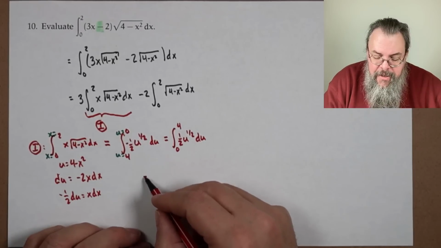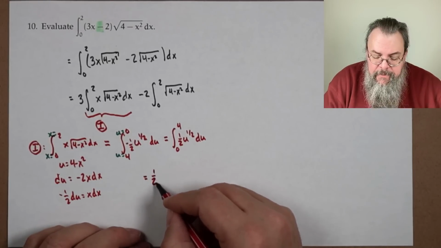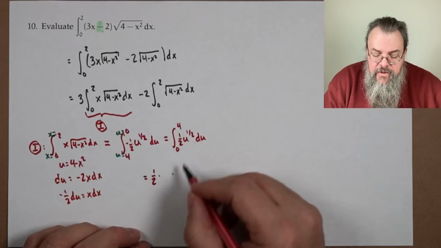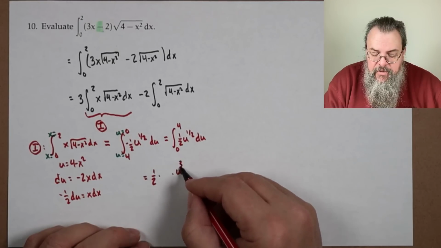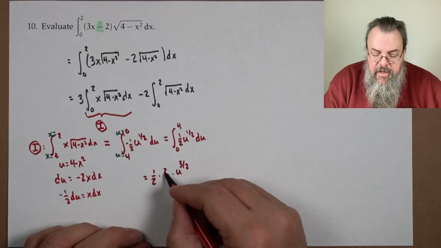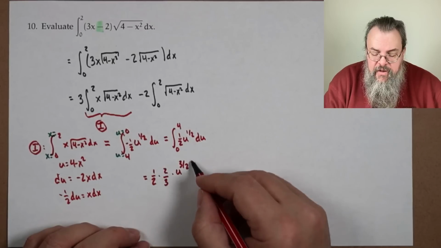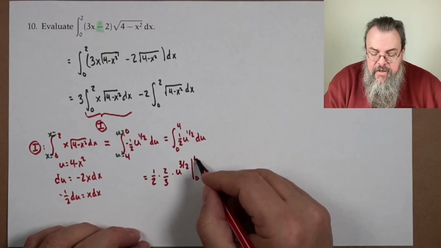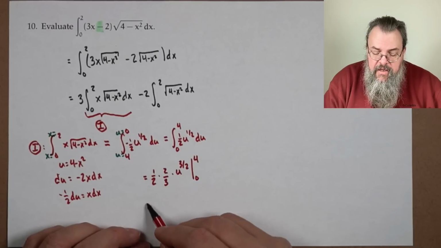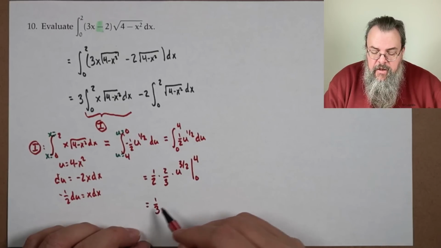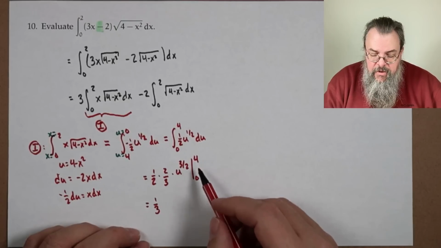So we integrate. We have 1/2. Now, u to the 1/2, when we integrate, we add 1, so that makes it 3/2, and then multiply by the reciprocal 2/3. Evaluate from 0 up to 4. So the 2's cancel, so that gets us 1/3, and 4 to the 3/2 is what?